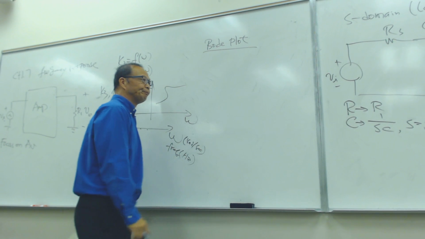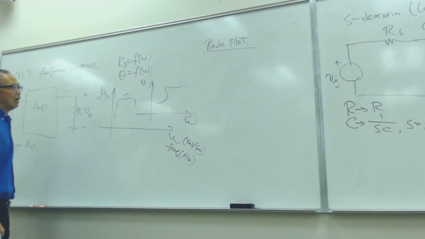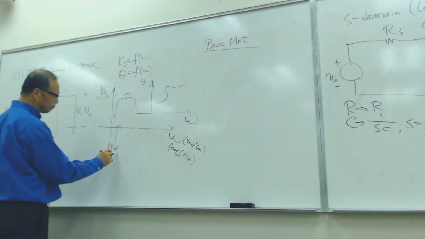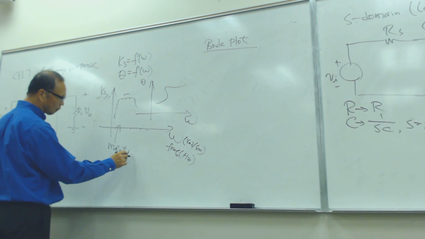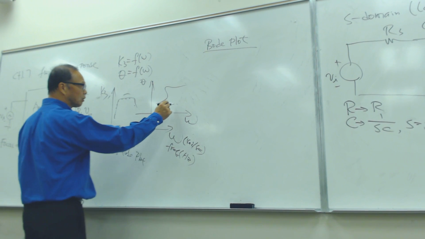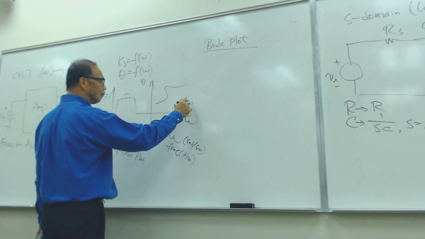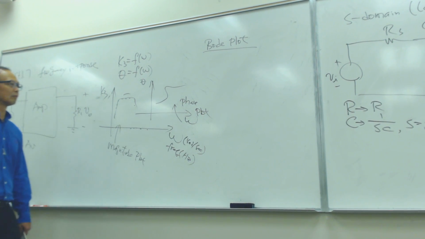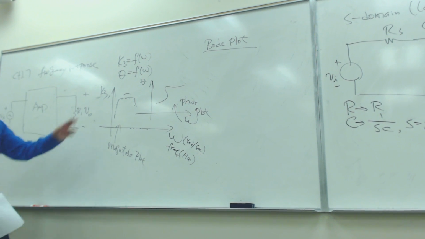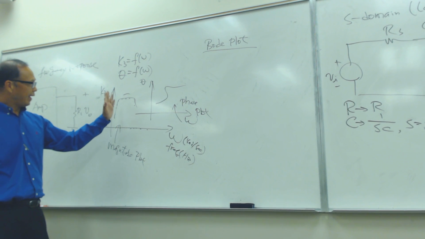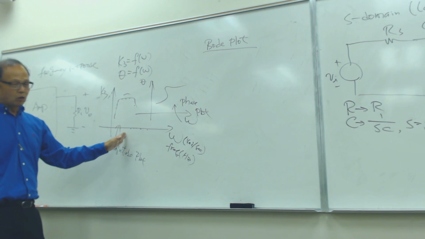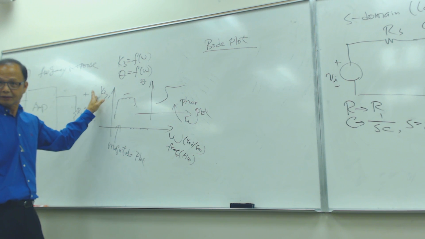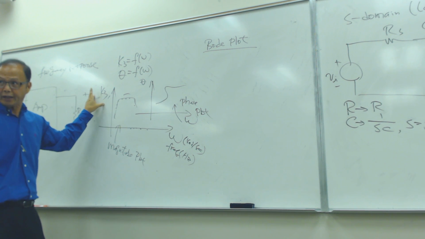Okay, Bode plot. By the way, this is called the magnitude plot, and this is called the phase plot. So the magnitude plot will tell you at a certain frequency what is the magnitude of the voltage gain.